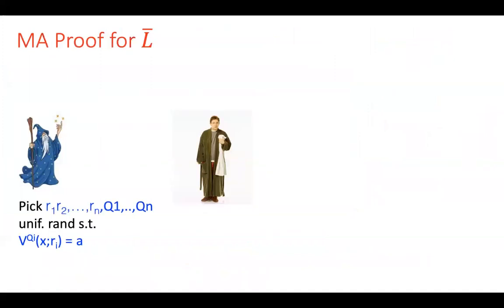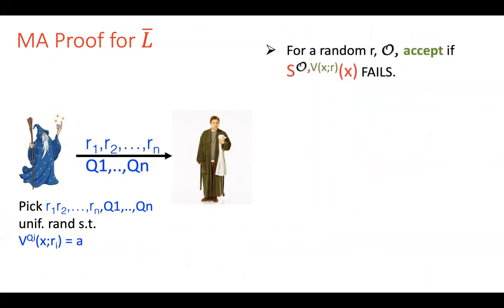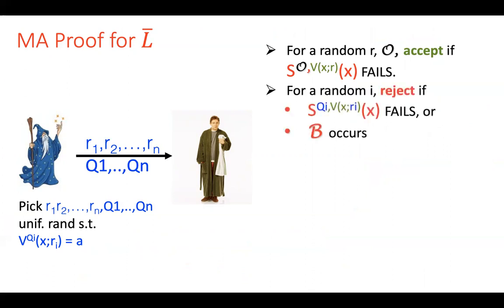Merlin is just going to imagine a random oracle, and it's going to create randomness and queries that are consistent with, and give the same first message, and send it to Arthur. Now, what Arthur is going to do: pick a random R and an oracle, just like the Katz lower bound, and check if the simulator fails. If not, I pick a random Ri and Qi, and I check if it fails. But in addition, I also check if this bad event occurs. If either of these happen, then I reject.